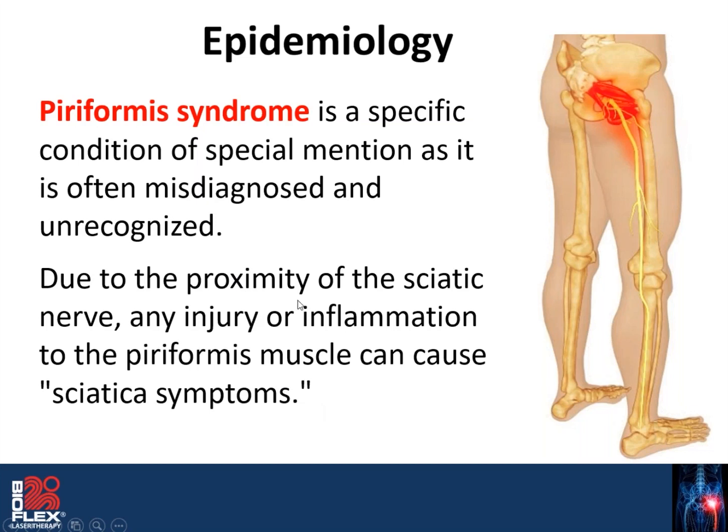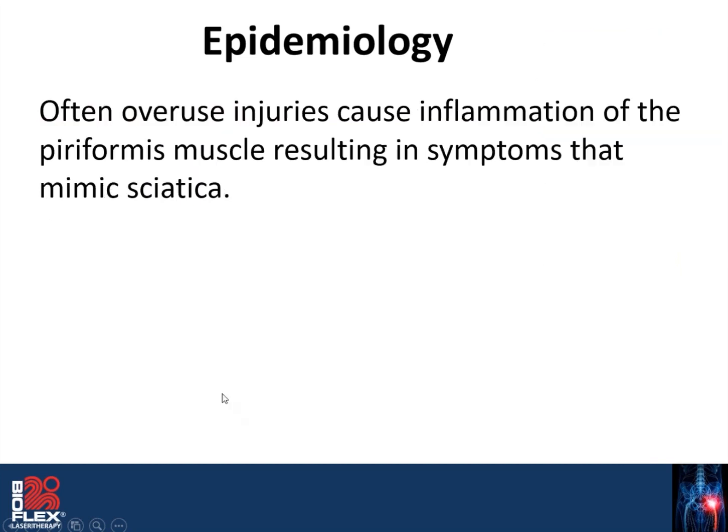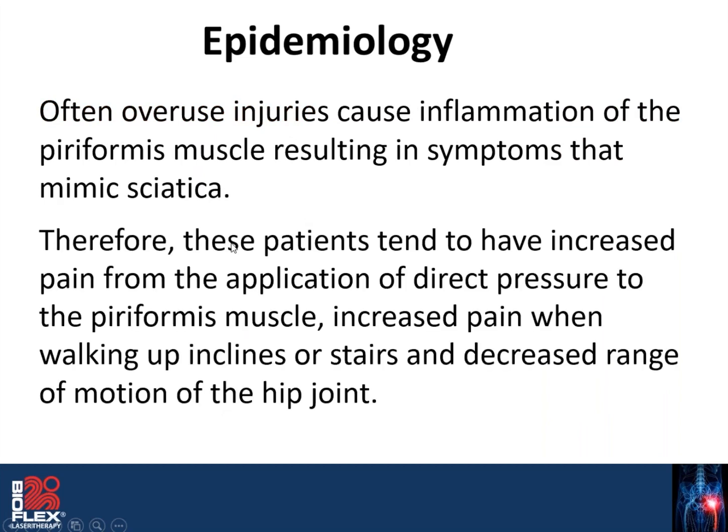But the issue here is that the piriformis is very close to the sciatic nerve. So if the piriformis is spasmed or inflamed or injured or what have you, it can actually irritate the very adjacent sciatic nerve. It's usually due to overuse injuries that can cause this inflammation, and it mimics sciatica.